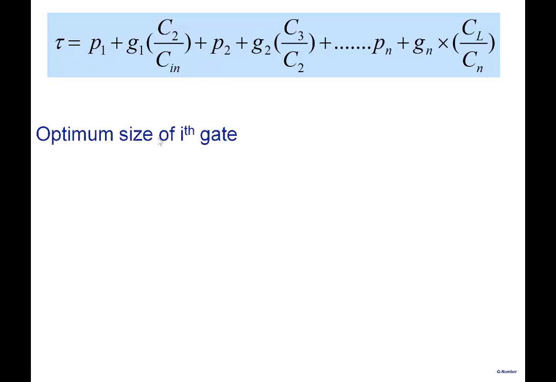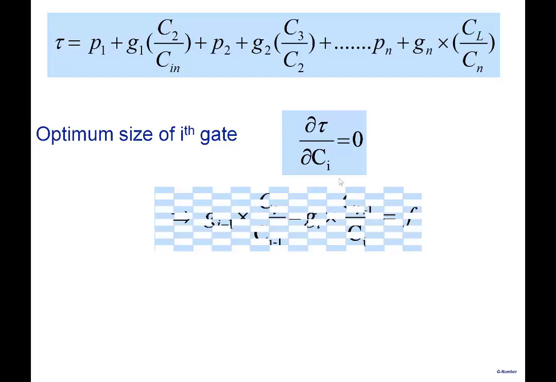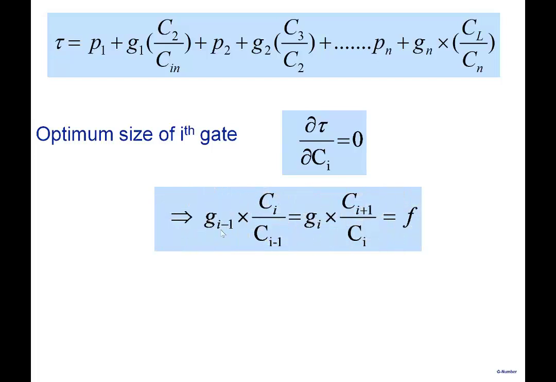And what do you end up with? Del tau by del Ci equal to 0. And so effectively what you end up with is Gi minus 1 by Ci over Ci minus 1 is equal to Gi Ci plus 1 by Ci, equal to the same throughout. Note that if you take with respect to C2, you will get G1 by Cn, plus you will get G2, and you will get C2 square, and then you can rearrange, you will get this here.